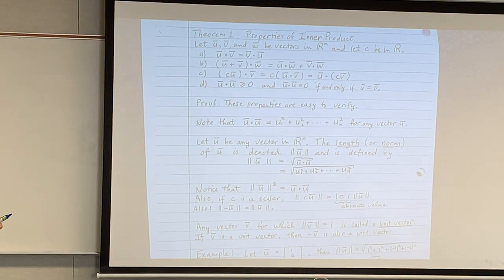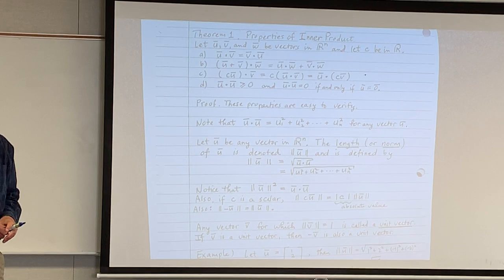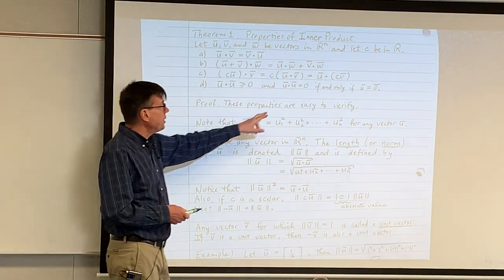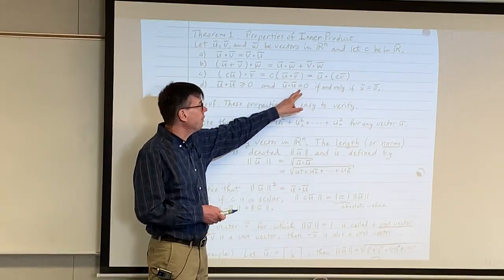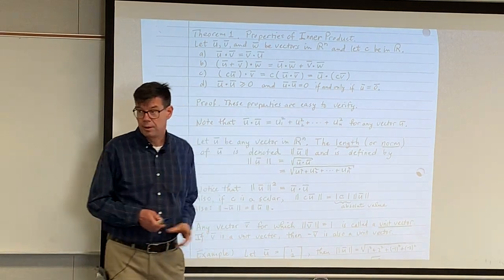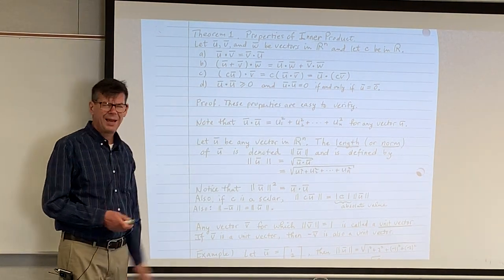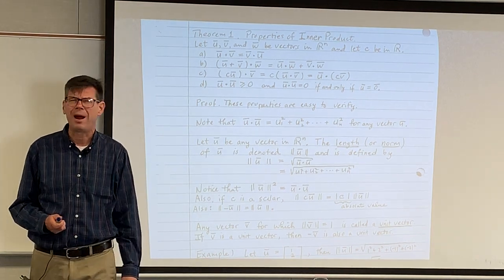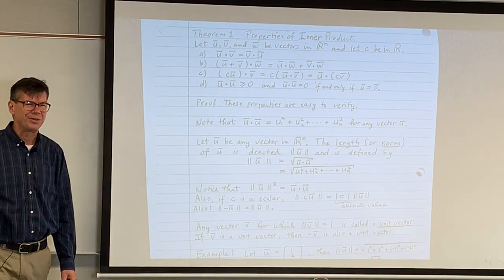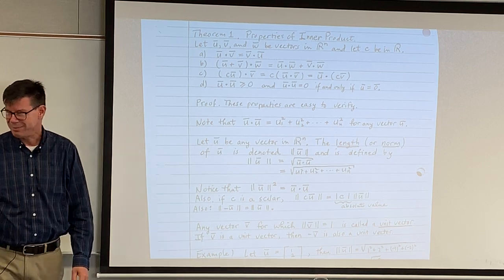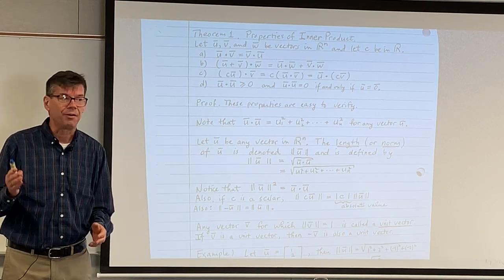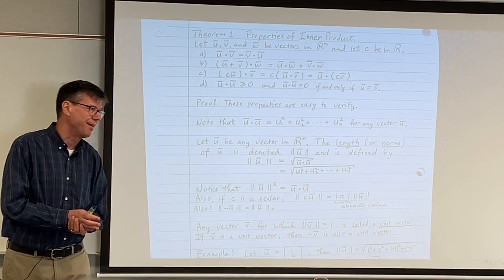I think I said something wrong. Did I say dot product never comes out to be negative? I shouldn't have said that. Dot product can be negative. Dot product of a vector with itself is never negative.